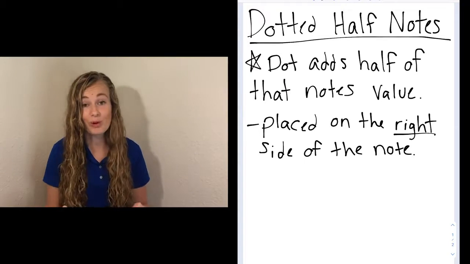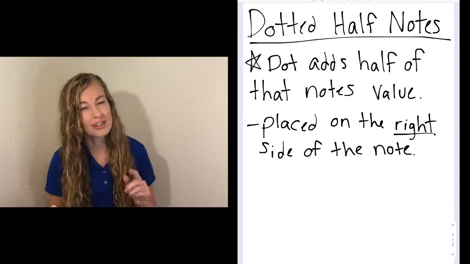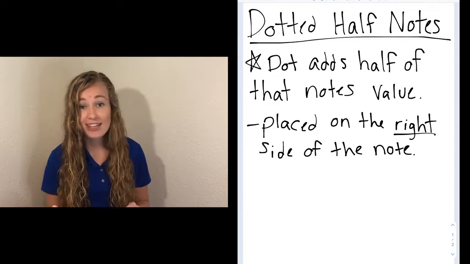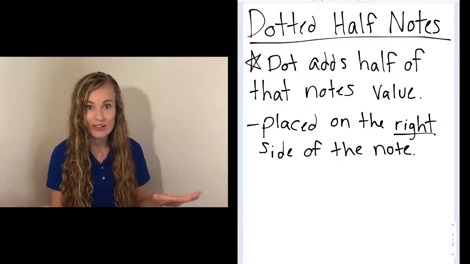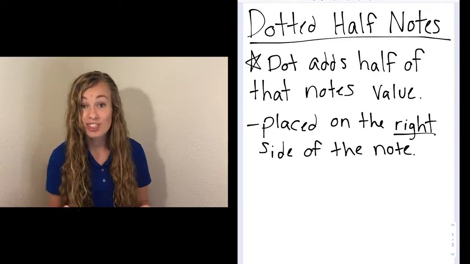That's going to be super important because if we see a dot that's above or below, and we'll talk about that a little bit here in just a second, that's going to do something completely different. The dot that we're talking about today, the dotted half note, that dot is going to be on the right side.